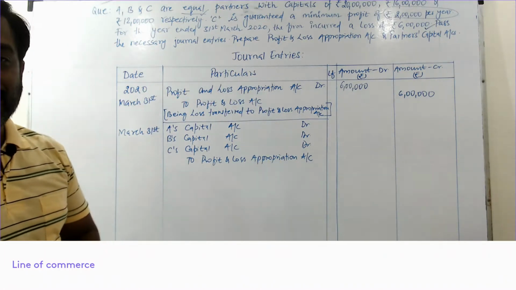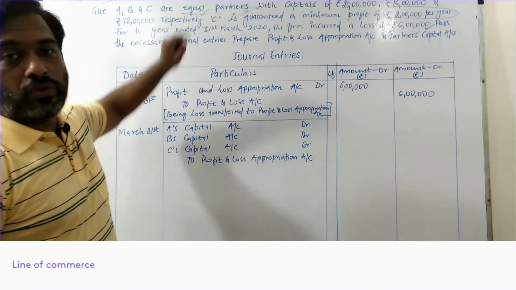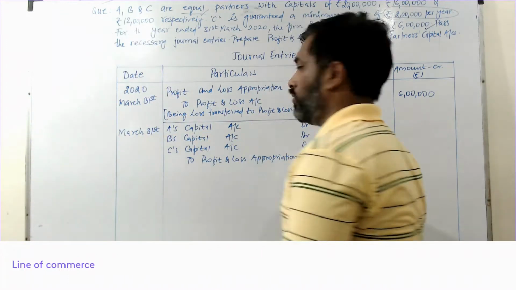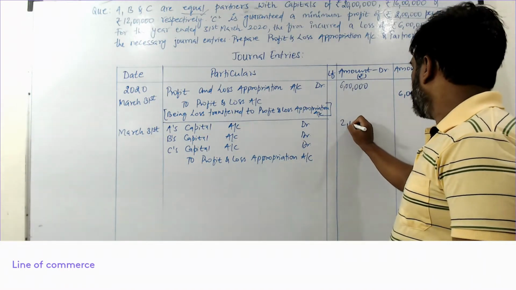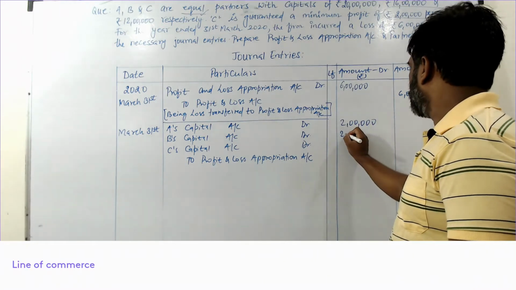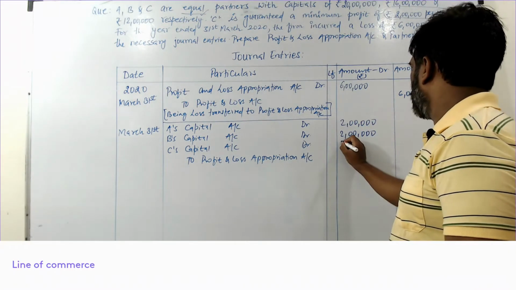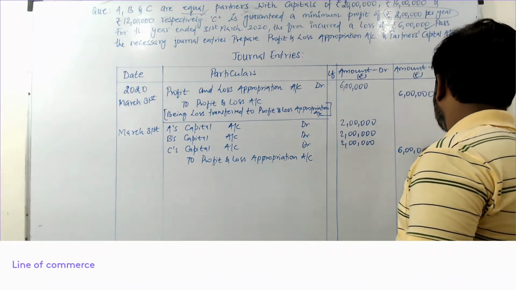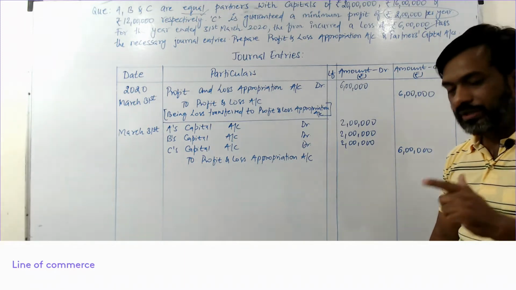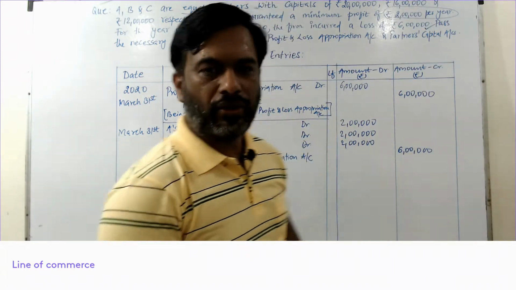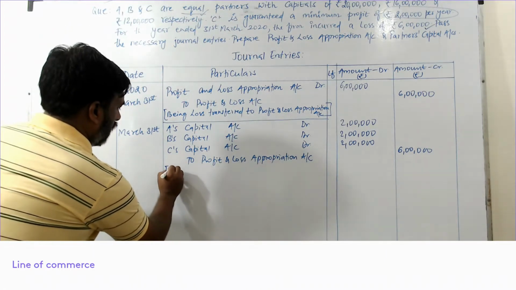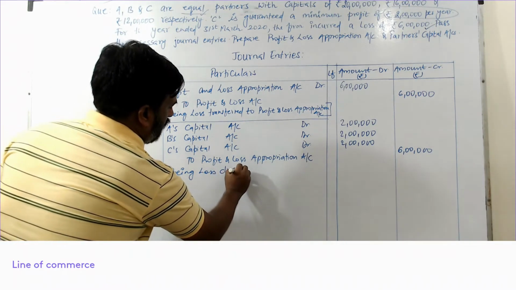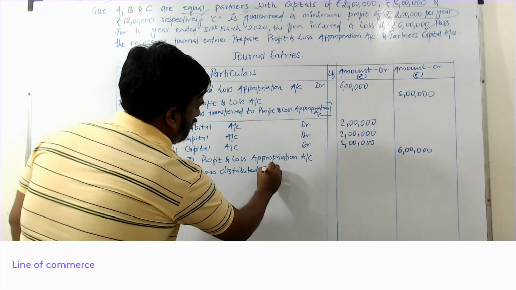Losses of 6 lakh equally you need to distribute. So each partner will be debited by 2 lakh rupees. Let us write the amount also. So 2 lakh rupees for each partner. So 6 lakh rupees you have distributed. The loss has been distributed. Let us write the narration. Being loss distributed among partners.